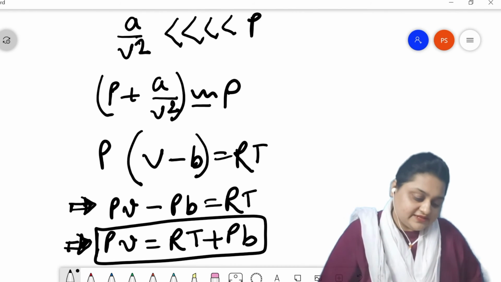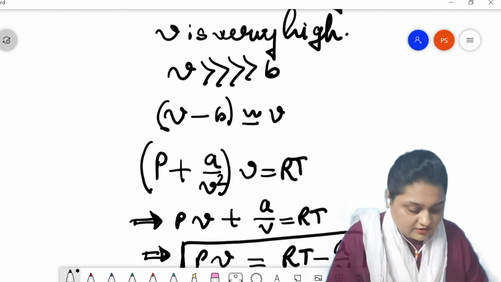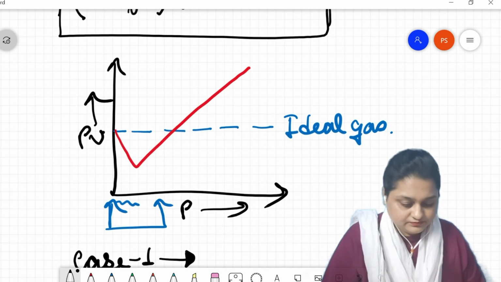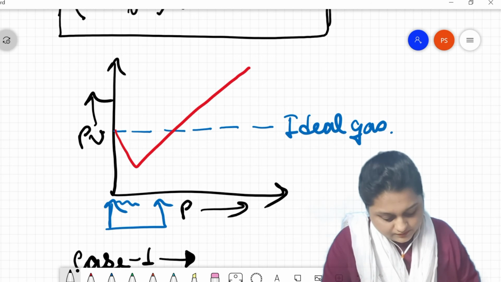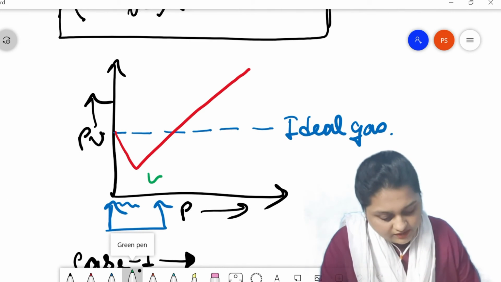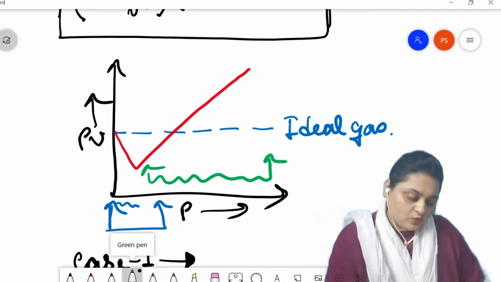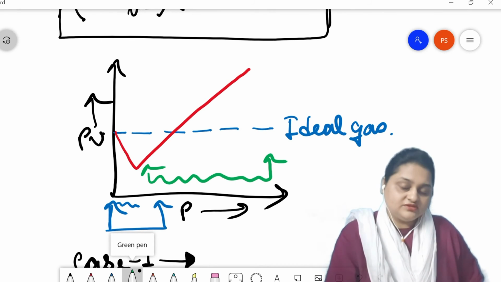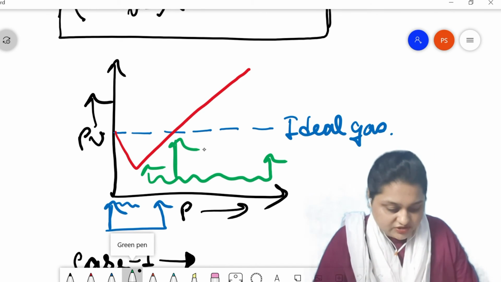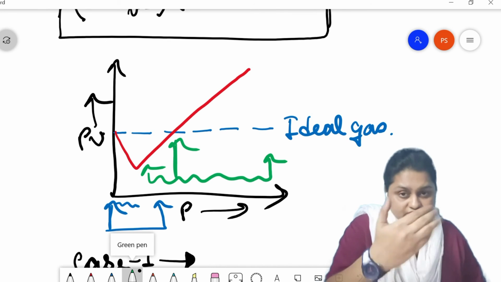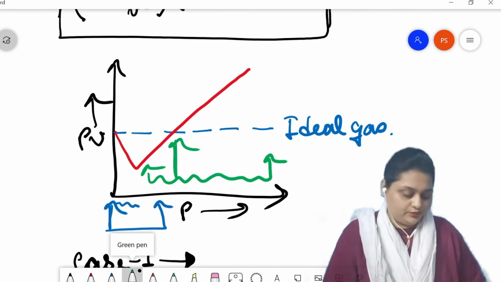This is the case that can be seen in the curve. In this higher pressure region, we are seeing that with the increase in the pressure, it keeps on increasing, and after this point, the PV value exceeds the ideal value.